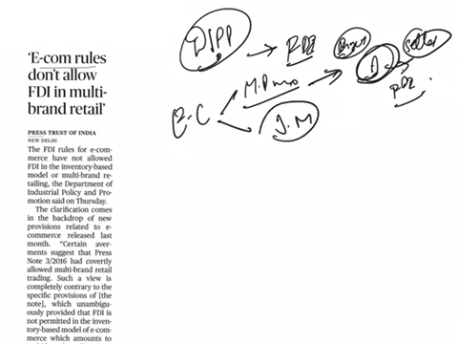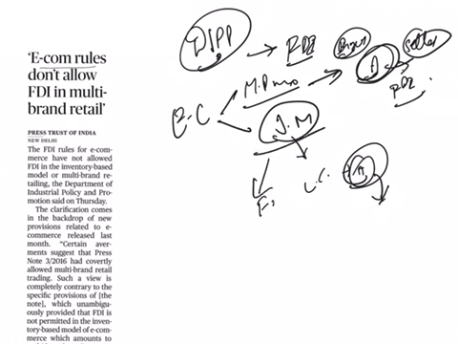Now another one is the inventory based model. Here the e-commerce company, let us take Amazon only, will itself have inventory of goods that were sold on its portal, and it will own and control all those goods. In this kind of method, FDI is not allowed.